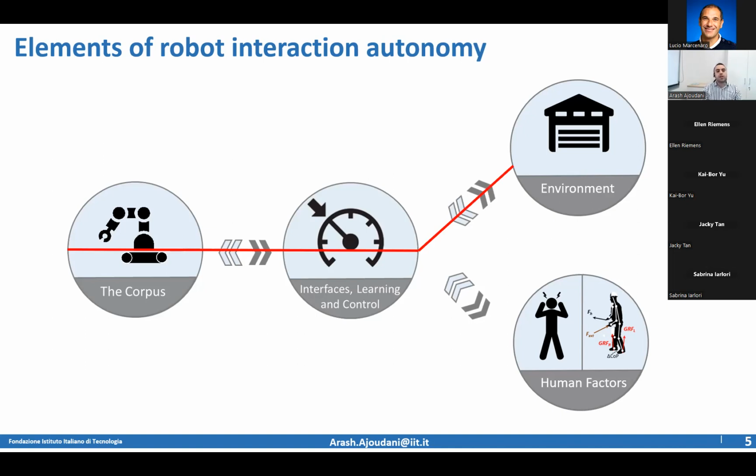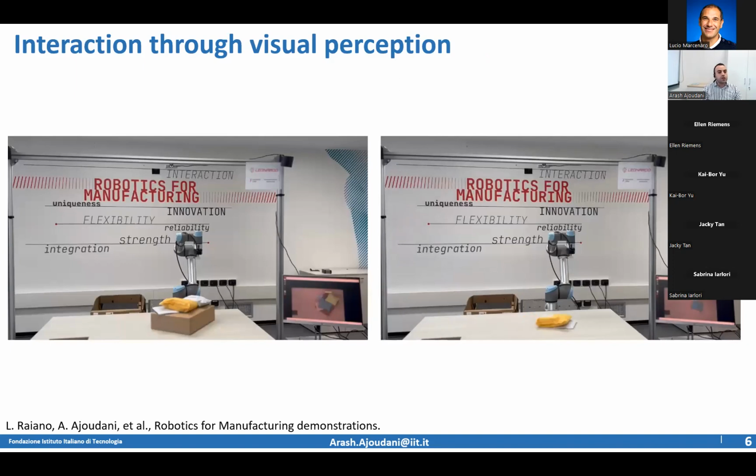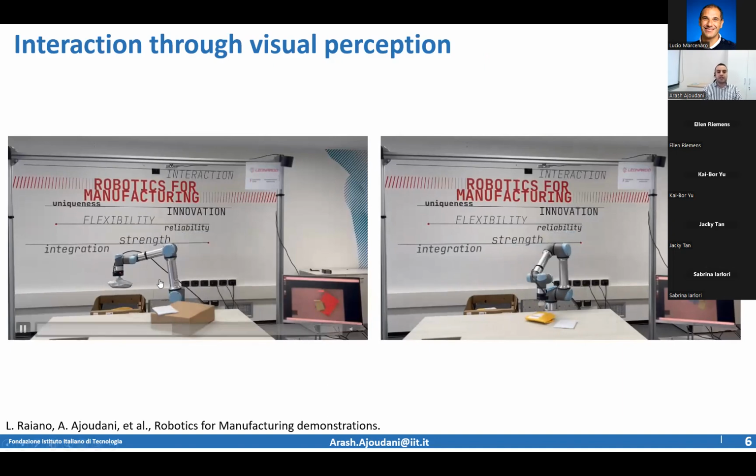So to start with the creation of synergies between these components, I will just try to tell you how these robots, through learning and control, can interact with the environment. These are some of the examples we've been developing of how robots can interact with the environment. The first ingredient will of course be visual perception. You can perceive the environment through various techniques that we have also implemented in machine learning.